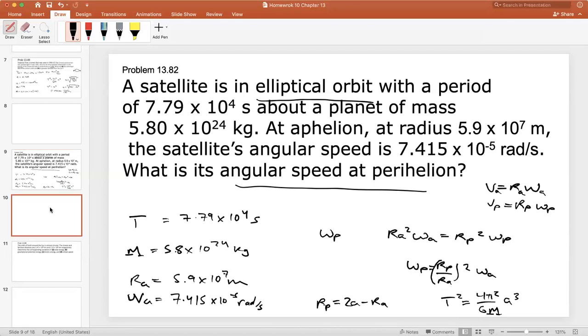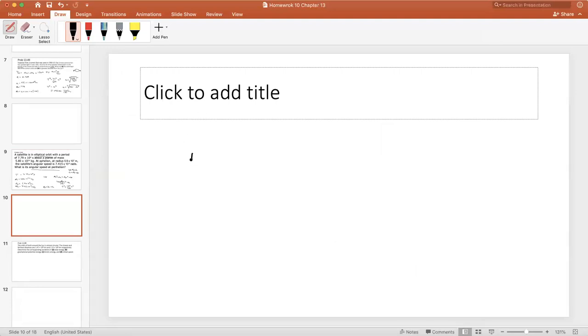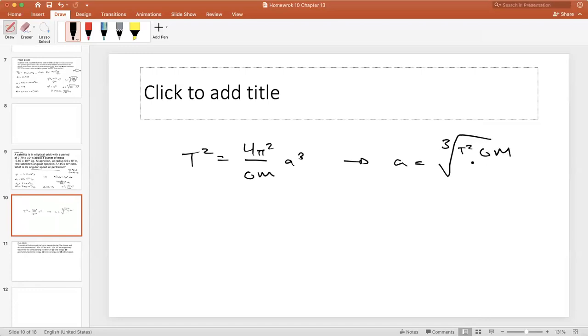So let's do that again here. We know that T squared is 4 pi squared over GM times A cubed. From that, A is the cube root of T squared times G times M, the mass, divided by 4 pi squared. Once you get that, 2A is R_P plus R_A, and you want R_P here.